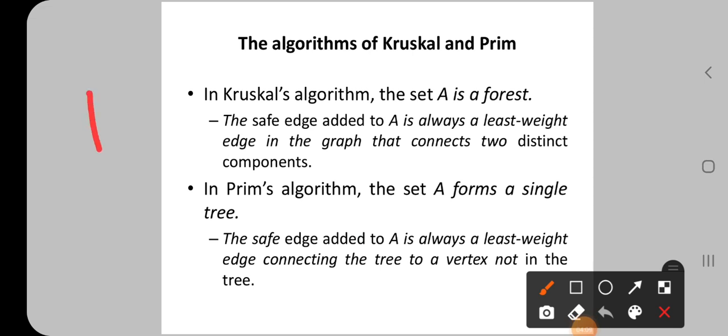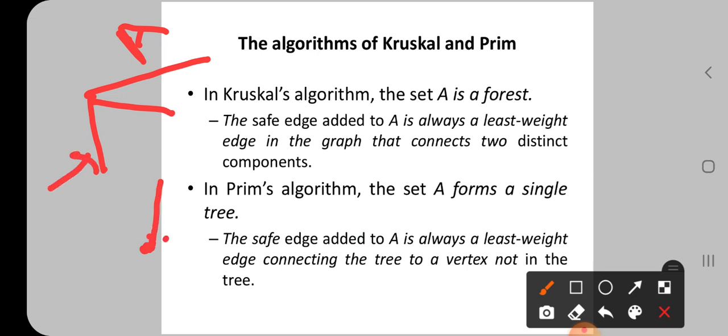So if a tree like this is A, and there is another edge, we check if there is a minimum weighted edge which connects this tree to this vertex, then we connect that least weighted edge.